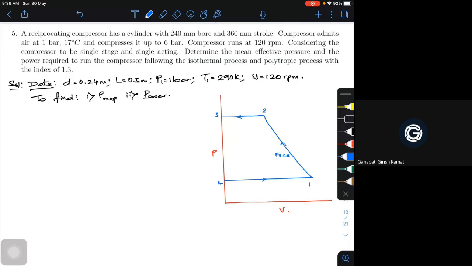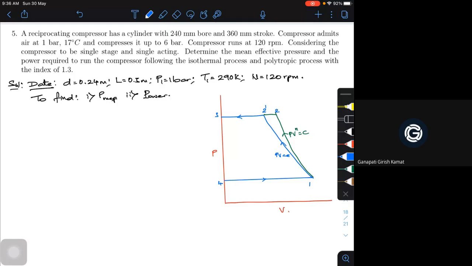Now, if I follow a polytropic process, I'll be doing more amount of work, something like this. This is according to PV to the power of n equal to constant. If I call this 2, that is your actual work, and 1 to 2 dash I will call isothermal.